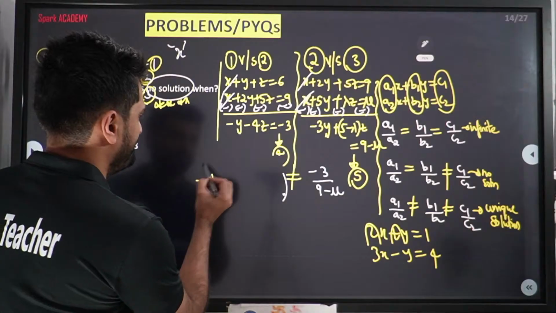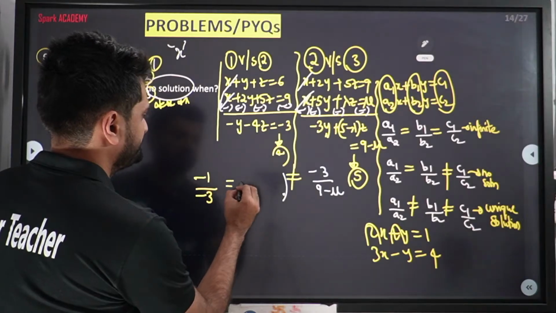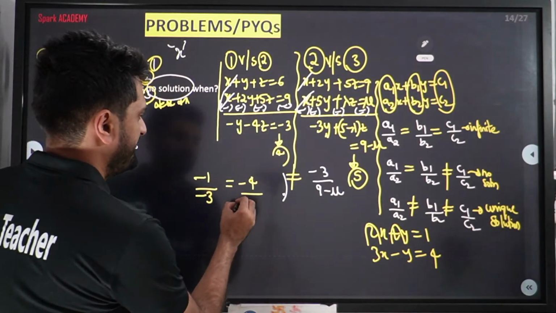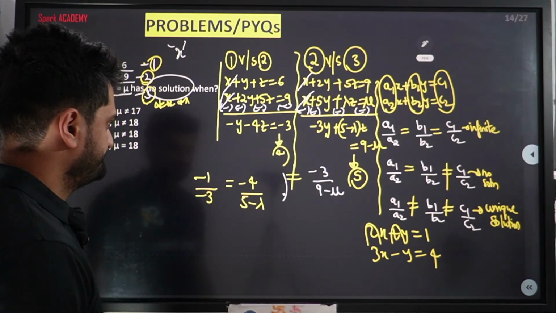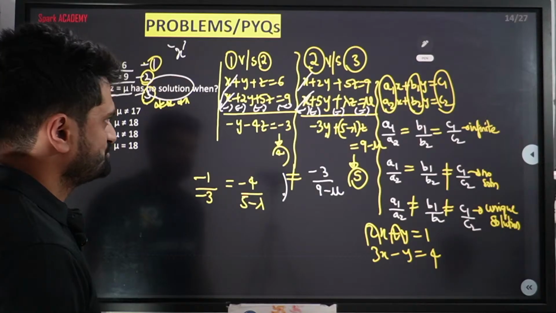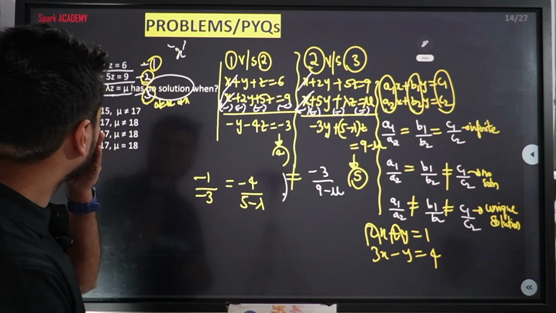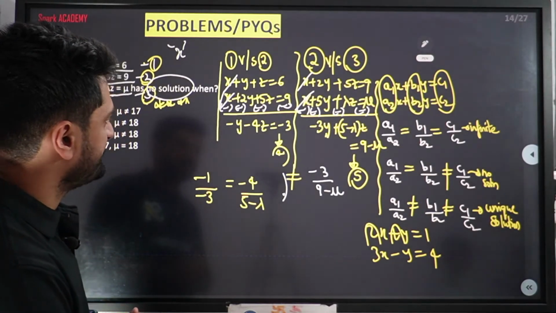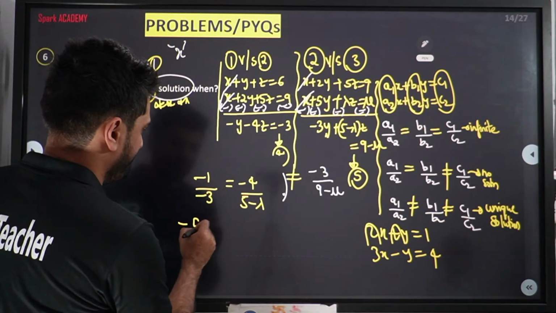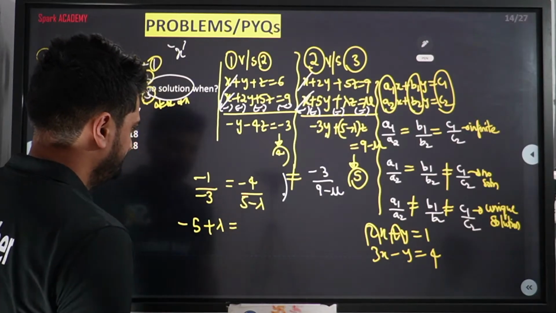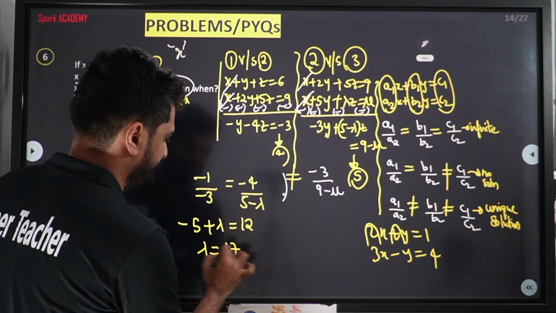So this is minus 1 by minus 3 equals minus 4 by 5 minus lambda. 5 minus lambda is lambda minus mu. Okay, let's cross multiply. Minus 5 plus lambda equals 12. So lambda value is 12 plus 5, that is 17.